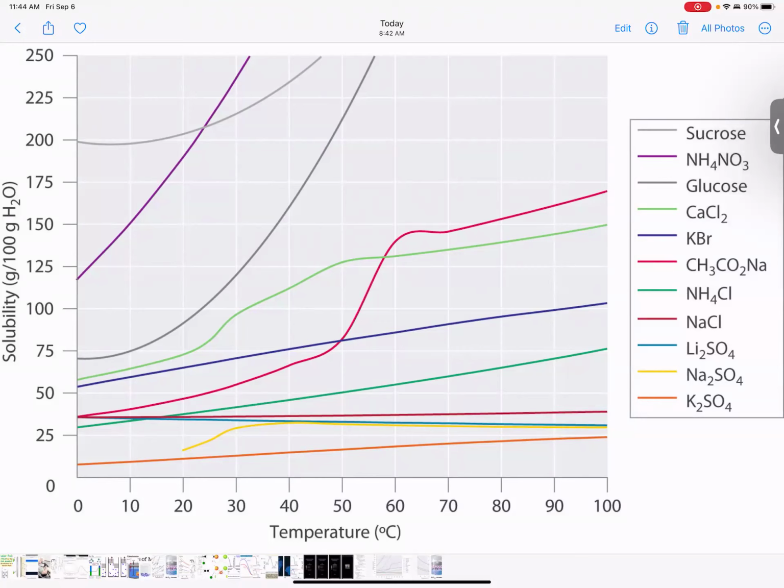When you're looking at these types of graphs, if it falls below the line at that temperature, it's an unsaturated solution. If it hits the line at that temperature, then it's a saturated solution. But if you are above that line and it's in solution, then you have a supersaturated solution.